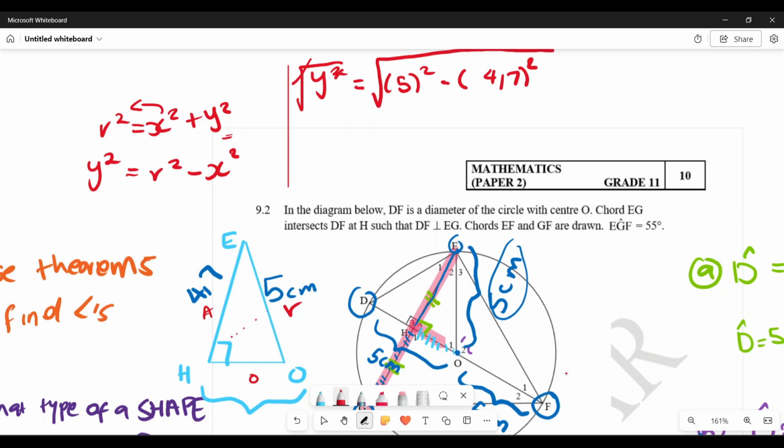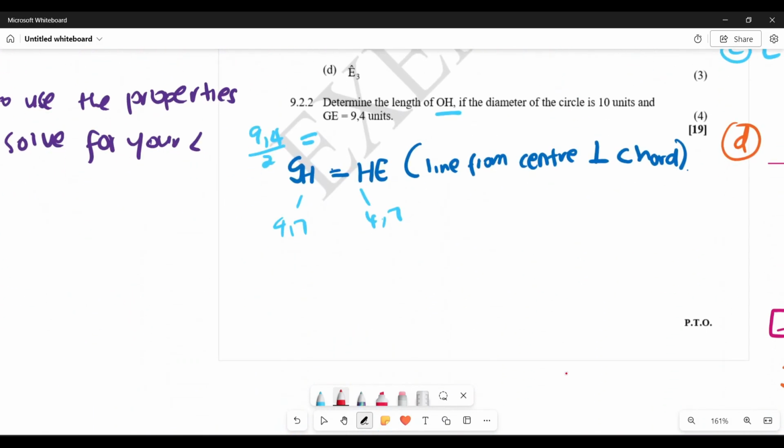Here, you're simply going to punch everything into your calculator to find your value of y. And doing so, your y value should be equal to 1,71 units. And this would be your final answer. This is the length of OH, right? So your OH is 1,71 units. Remember to show those workings on your answer sheet.